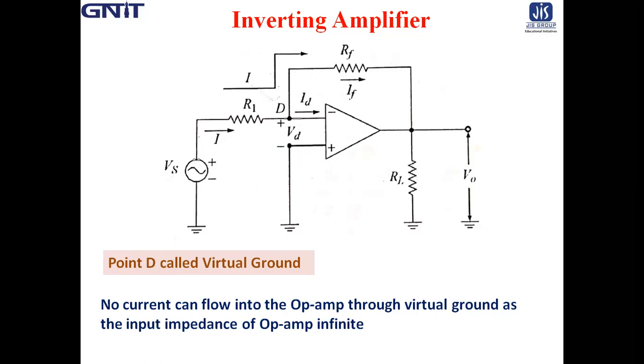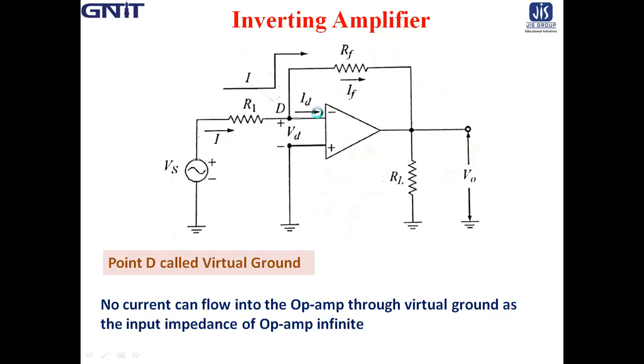But no current can flow into the op-amp through the virtual ground, as the input impedance of the op-amp is infinite. This is one of the characteristics of an ideal op-amp. So a virtual ground cannot serve as a sink for current. Since point D is at virtual ground, we can say that ID is 0, and similarly Vd is 0.